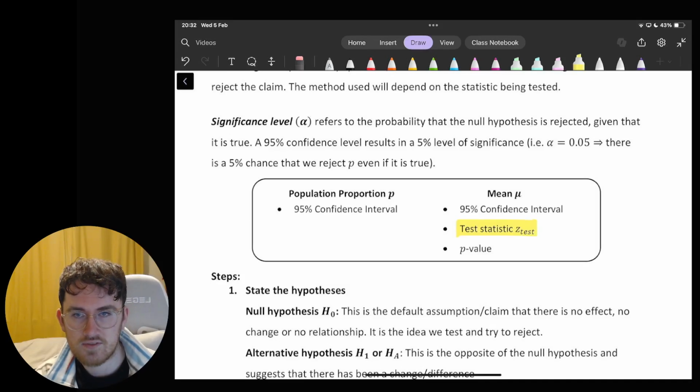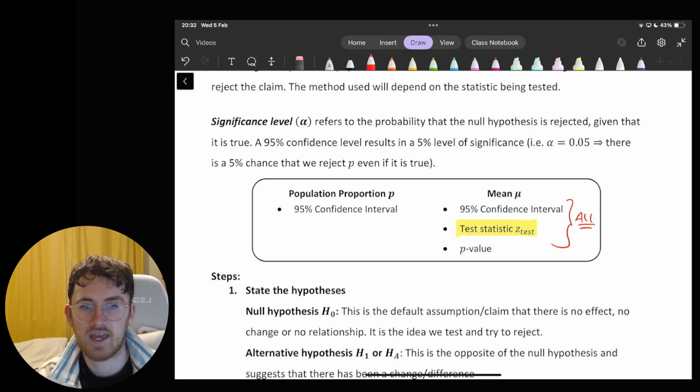The actual doing of the hypothesis test then is just an actual use and interpretation of your confidence interval there. And then p-value is another way that we can test our hypotheses here. I will say for the 3 I've listed, you need to know all 3. It's not a case that you can just learn off one and go, okay, if I have to do it, I'll do it this way. You need to know all 3.